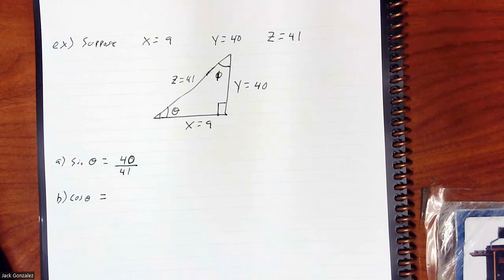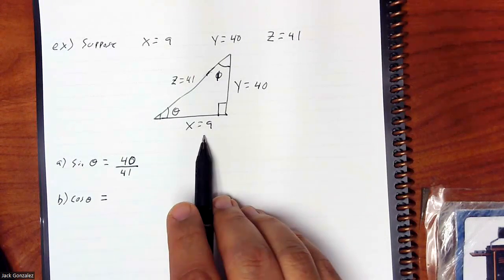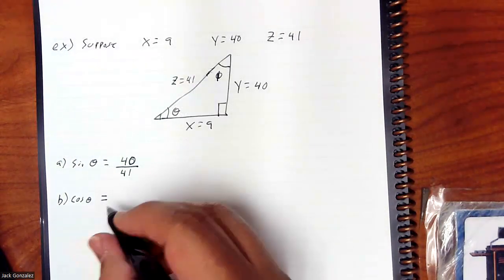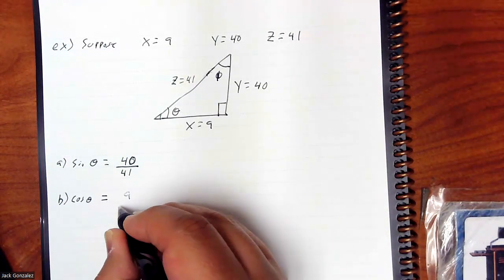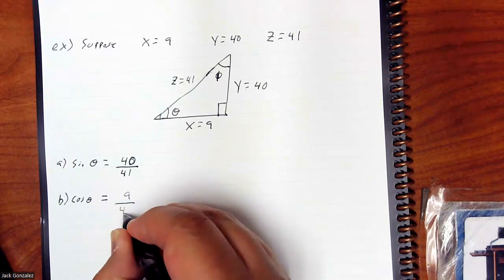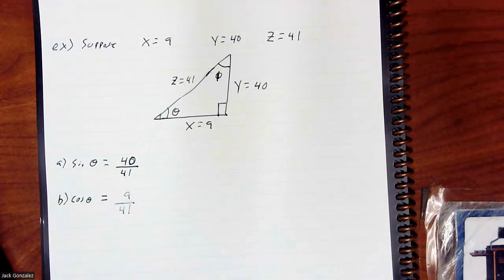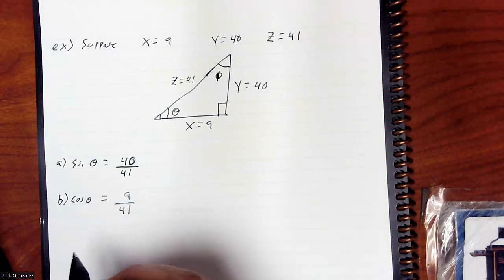Okay. Cosine of theta. Yeah, so adjacent over hypotenuse. Yeah, 9 over 41. Okay. C is tangent.